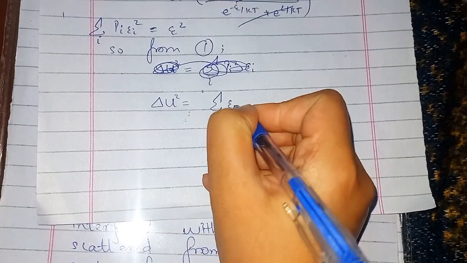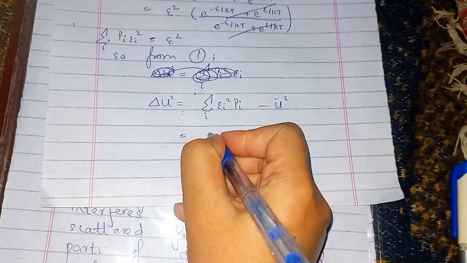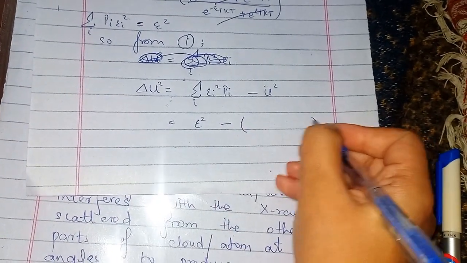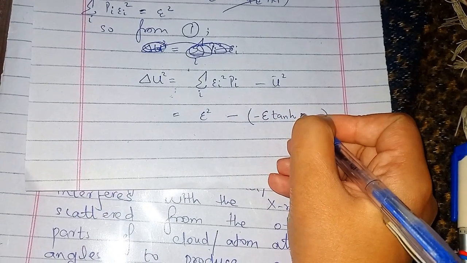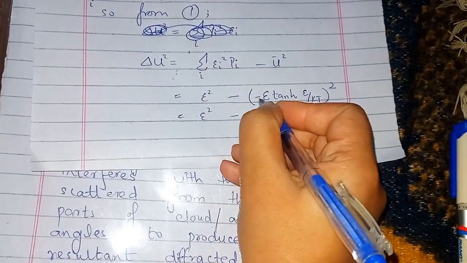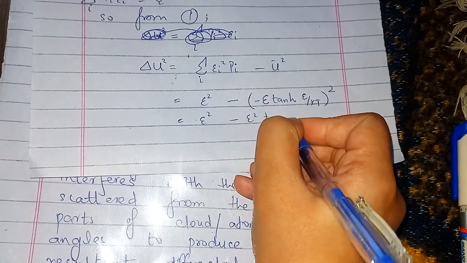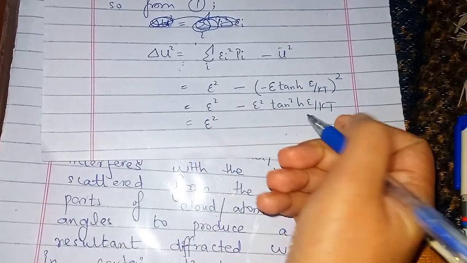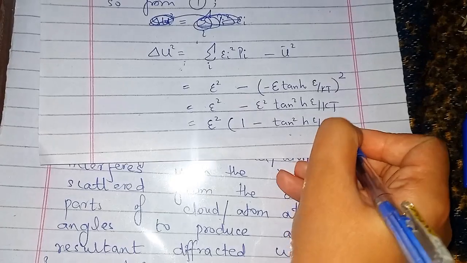Sum of pi ei square minus u bar square is e square minus, instead of u bar we will put its value, which was negative e tan hyperbolic of e by kt, whole square. We can open the square. It's e square, negative vanishes, e square tan hyperbolic square e by kt. Taking e square common, it's 1 minus tan squared e by kt.